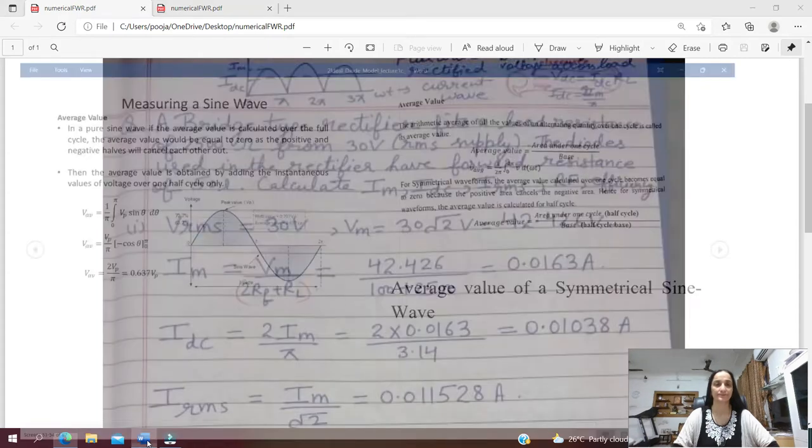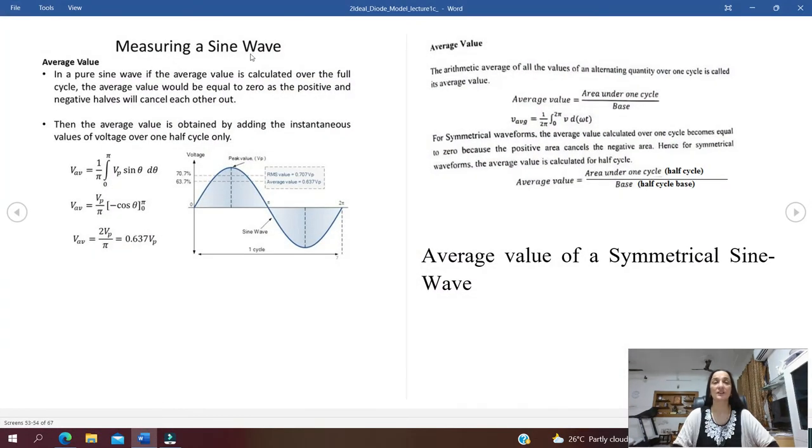Okay, measuring a sine wave, average value of an alternating quantity is equal to area under one cycle divided by base of one cycle. But for symmetrical waveforms such as this sinusoidal waveform, which is symmetrical, the average value is calculated for half cycle.